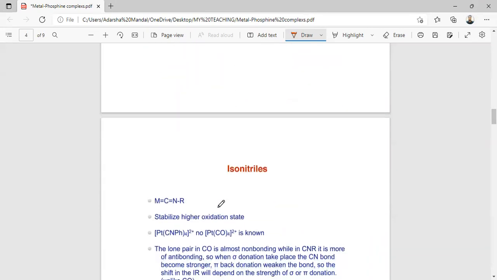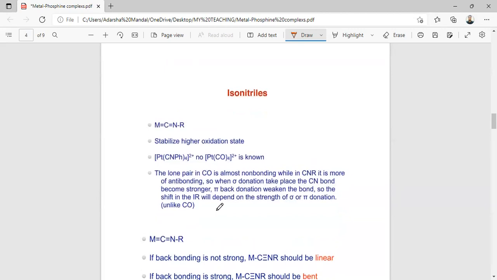So next, I will talk about another class of ligand, which is isonitriles. Isonitrile is a two electron ligand.